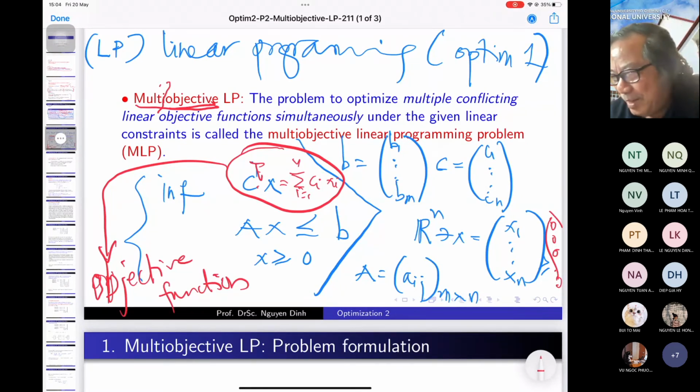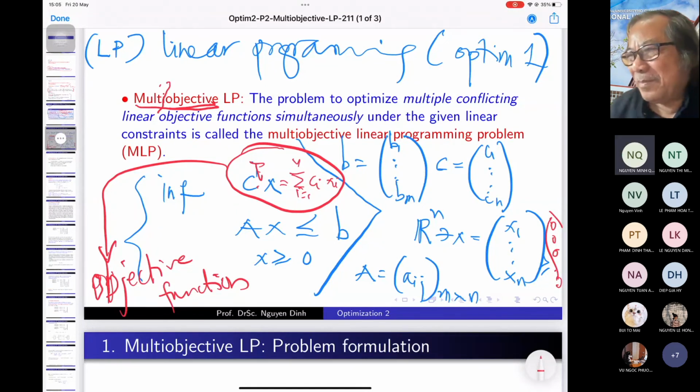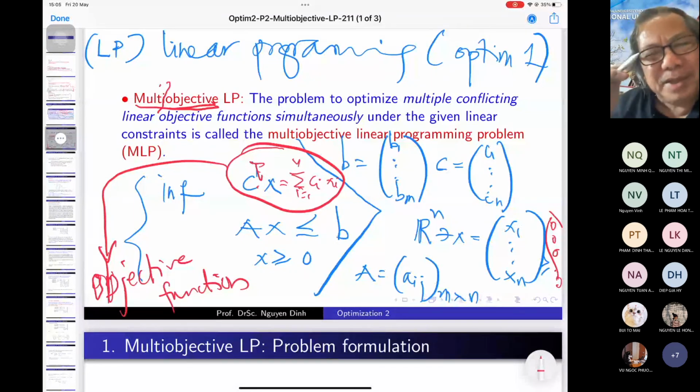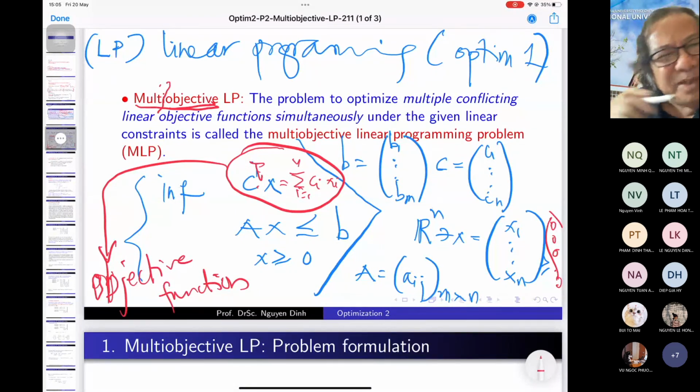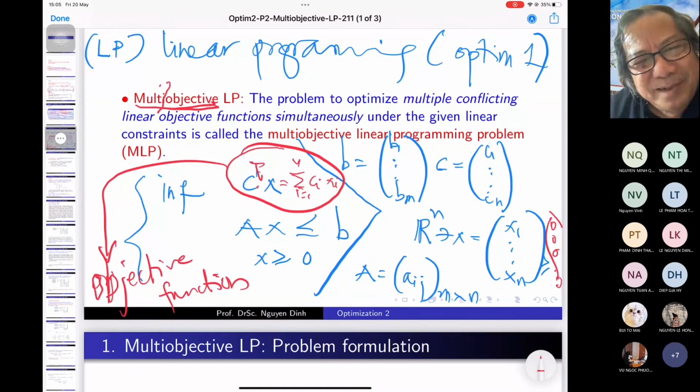Minh Quân, can you predict what multi-objective means? I think nhiều mục tiêu. Yeah, that's right. The linear programming, but with many objectives. Is that okay? That's all.